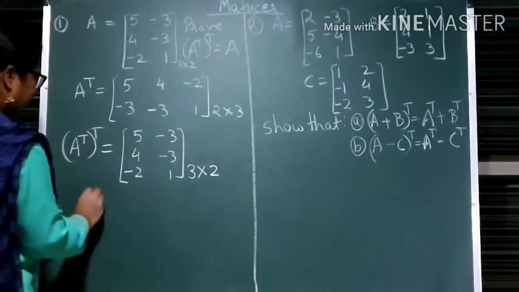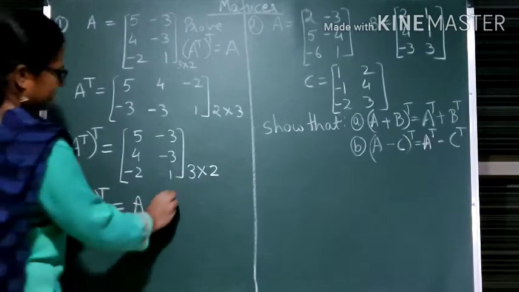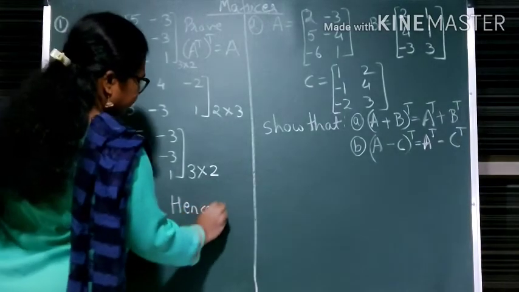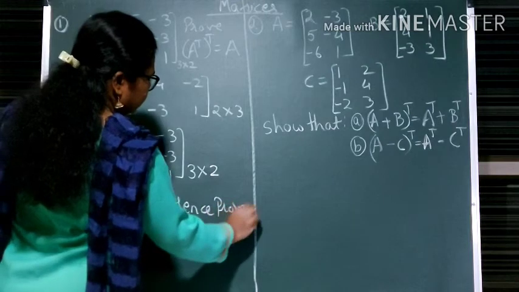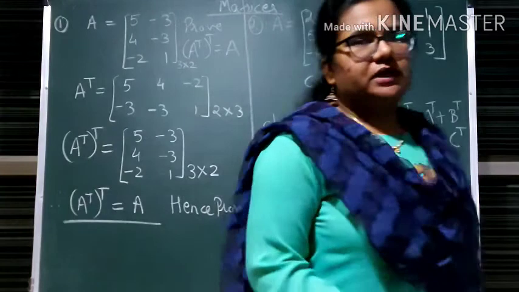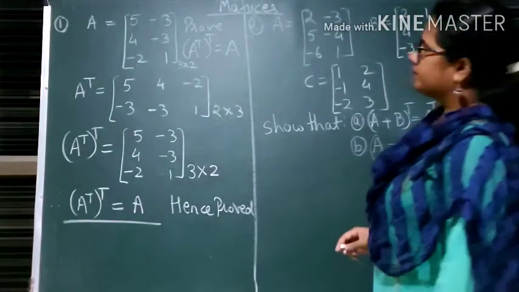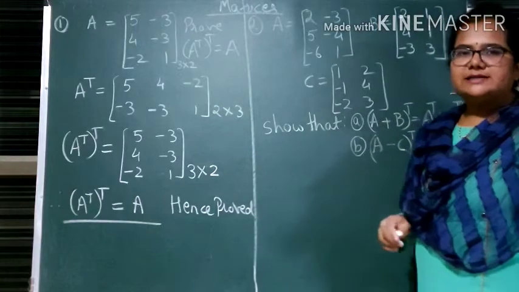Therefore, A transpose of transpose is equal to A, hence proved. Okay, so when you take the transpose twice, you get the original matrix, first property. Now let us move to the next example.